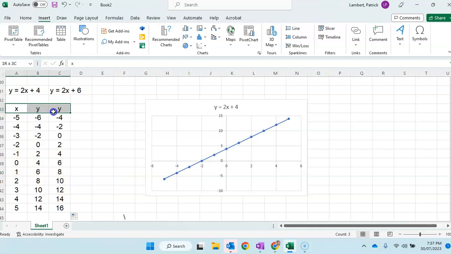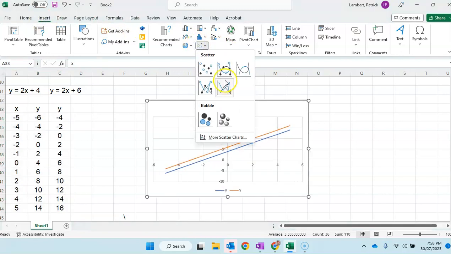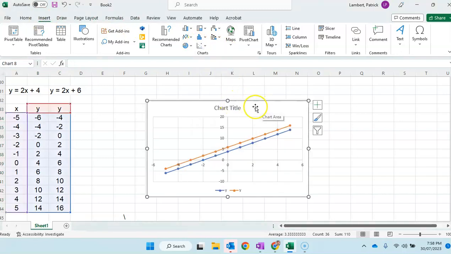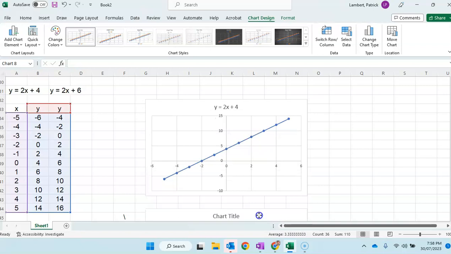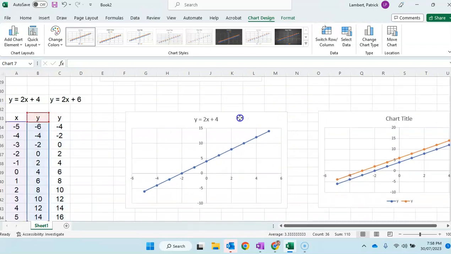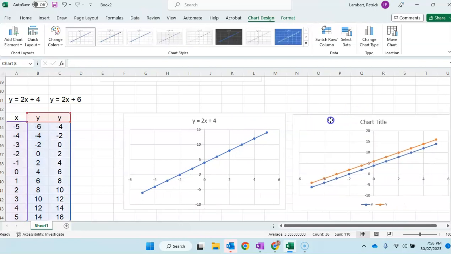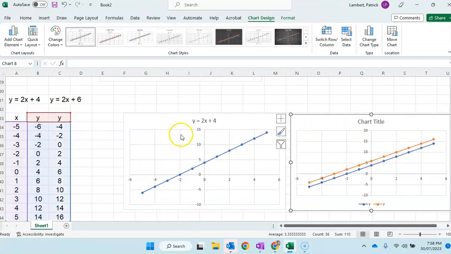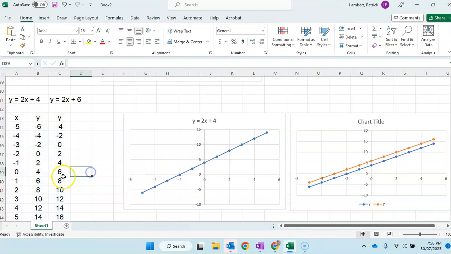So let's highlight that data and insert the graph. The type of graph is a scatter graph with a line, and you'll notice that this has cut the y-axis at 6, and in the table of values x equals 0, y equals 6.